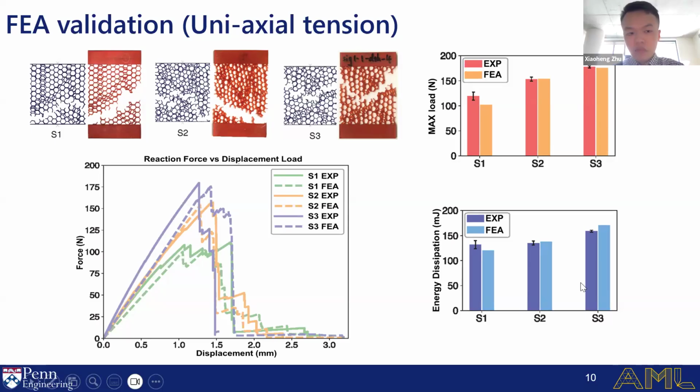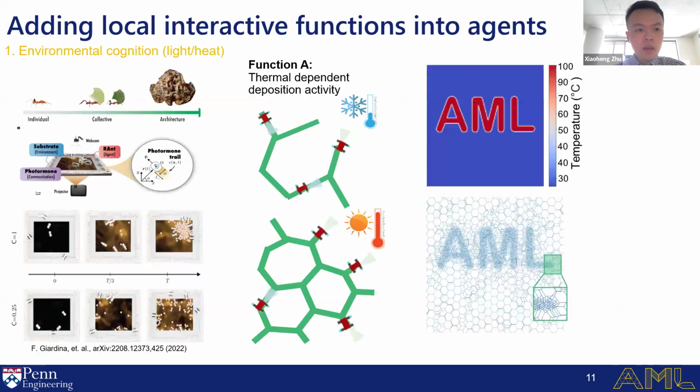From the loading curve, the energy dissipation and the maximum loading are at the same level. And by the way, because we treated these things as structures, here we're using the energy dissipation instead of the toughness to characterize the failure characteristics of our architected structures.